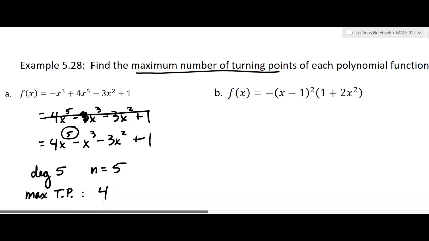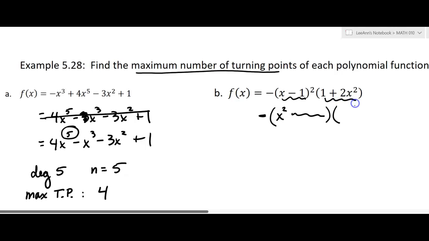Now part B, that one's a little bit trickier because you can see, oh, it's not multiplied out. But you know that if you were to square that binomial, now I'm going to keep that negative in front, you'd get x squared plus other terms. I don't even care what those other terms are.